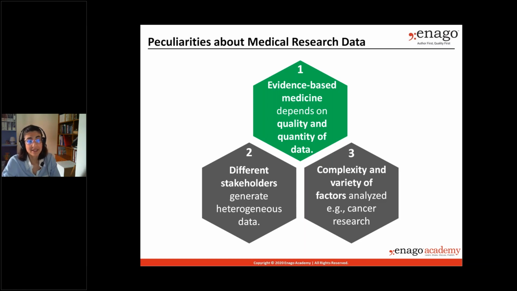So some peculiarities about medical research data. Evidence-based medicine depends on quality and quantity of data. There are different stakeholders who generate heterogeneous data. They can be complex and variable, but all these different parameters can be analyzed and lead to meaningful, important results.